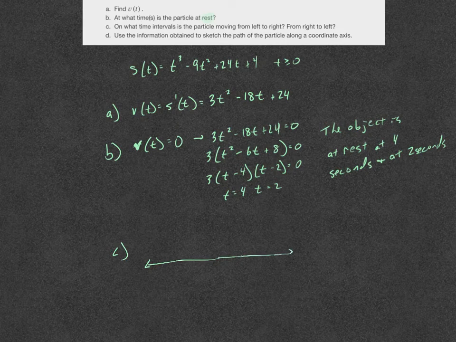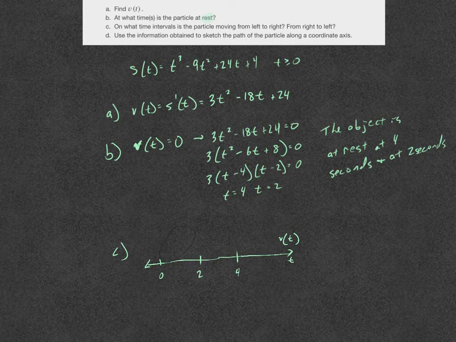Okay, and we're going to start out at t equals 0, and I'm going to label this number line as a number line for velocity, and this is t, the time in seconds. And the two numbers that I'm going to put are what we got in the previous step of this problem, 2 seconds and 4 seconds. What we're going to figure out here is, between 0 seconds and 2 seconds, what is its velocity?